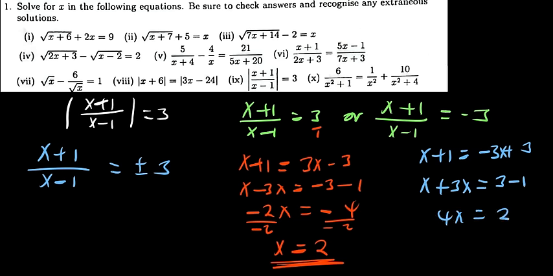Divide both sides by 4. X will be equal to 1 over 2. Now, I want you to help me try to plug in these values to see if at all you are going to get positive 3. So if we have any extraneous solution, let me know. So that is it for question 1.